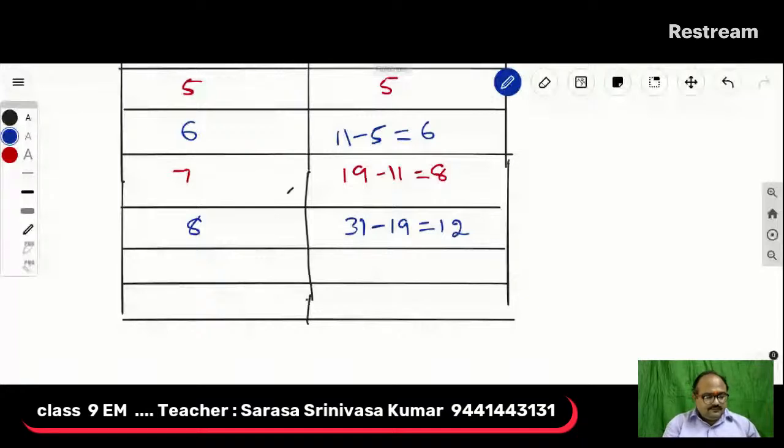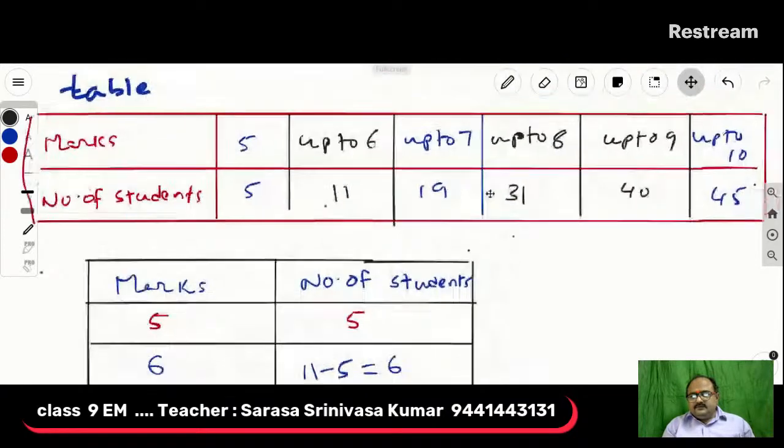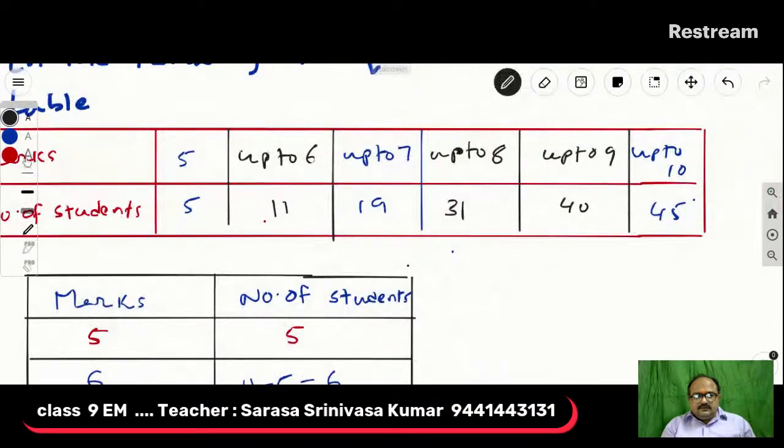Now we consider 9 marks. Up to 9, 40 students. Up to 8, 31 students.